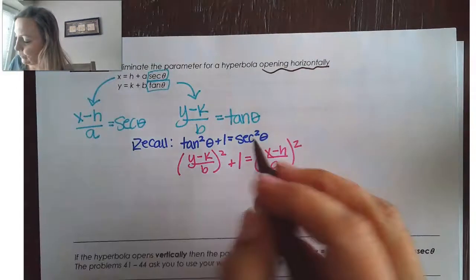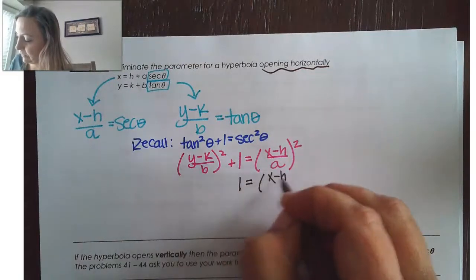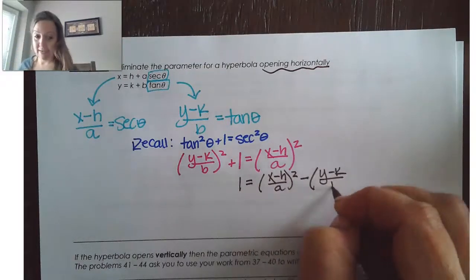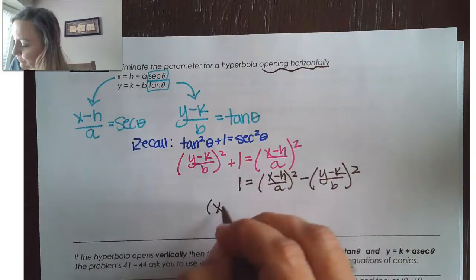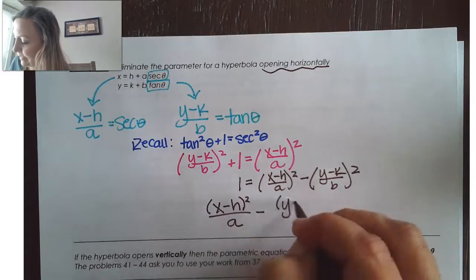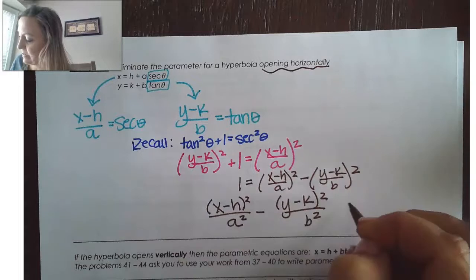So I could move this guy over. And we can see that if we write it in a form that is more familiar, we would end up with that standard form. Whoops, I forgot to square the a.